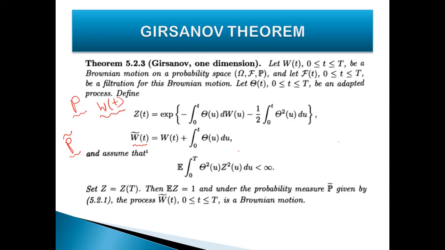This one is equivalent to this form: if you consider the derivative, dW tilde_t is equal to dW_t plus theta_t dt. Maybe this one is easier than W tilde_t.